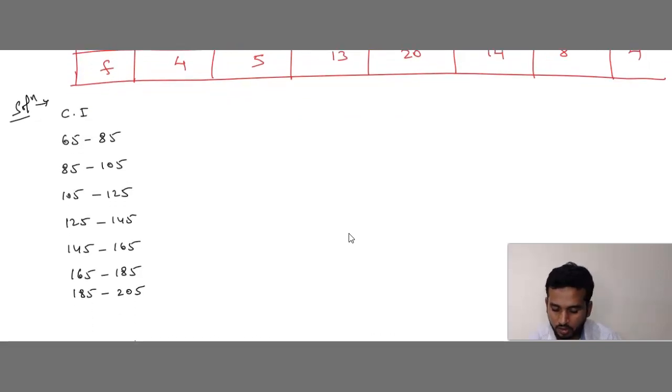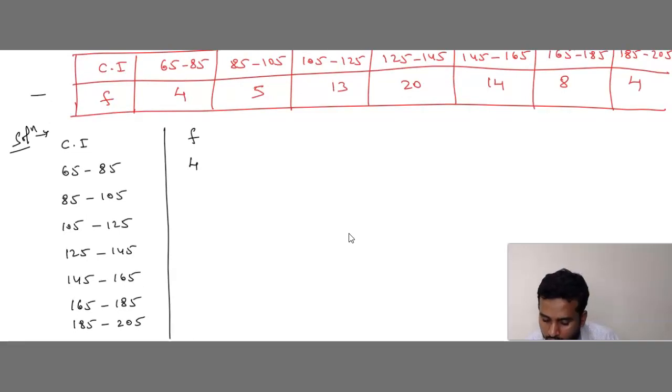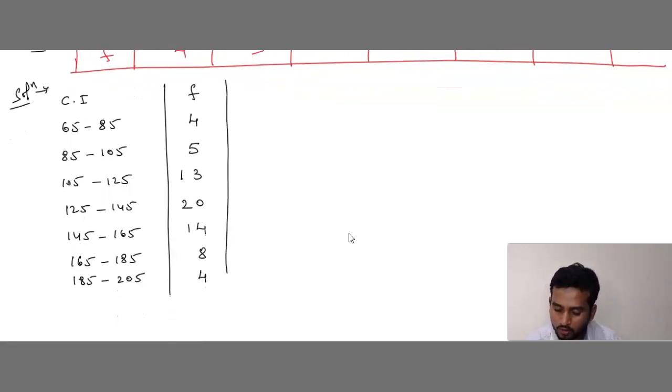So these all are class intervals, right? And next is frequency. The values of frequencies are 4, 5, 13, 20, 14, 8, and then 4. So these all are frequencies.